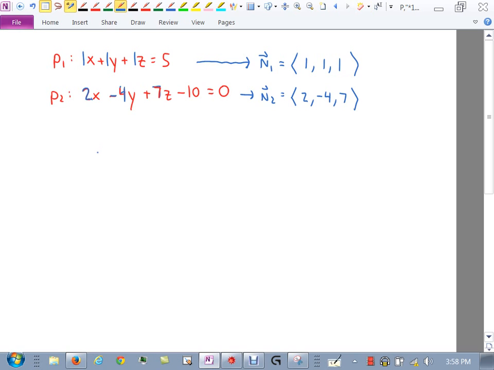We have that theta will be equal to arc cosine of u dot v, but here I'm not using u and v, I'm using n1 dot n2, over the magnitude of n1 times the magnitude of n2. That's cosine inverse. What's n1 dot n2?